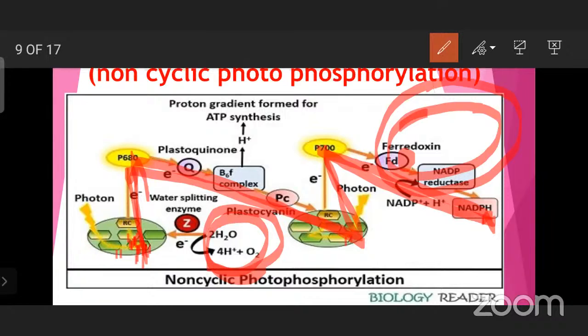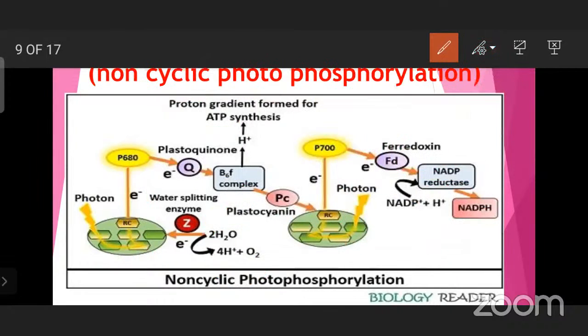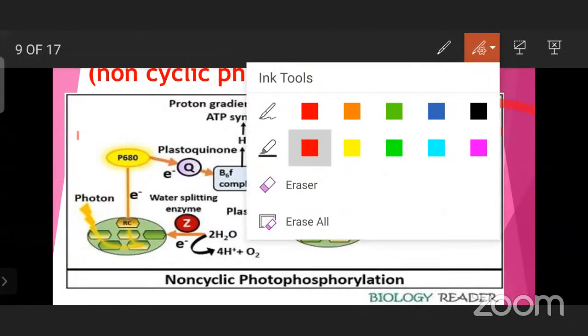So the electron is not coming back. So it is called non-cyclic, and this is the photophosphorylation taking place. This photophosphorylation is meant for ATP synthesis and NADPH synthesis. I hope you are done with this, and we'll move to the next.